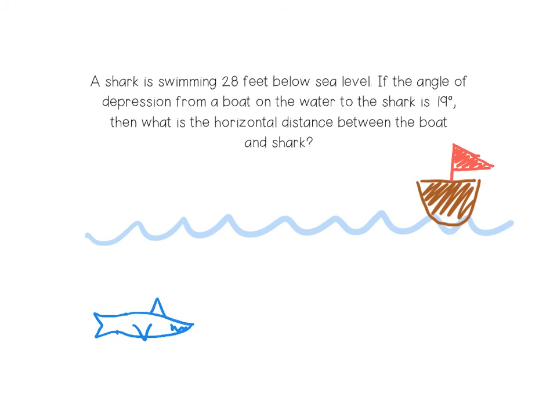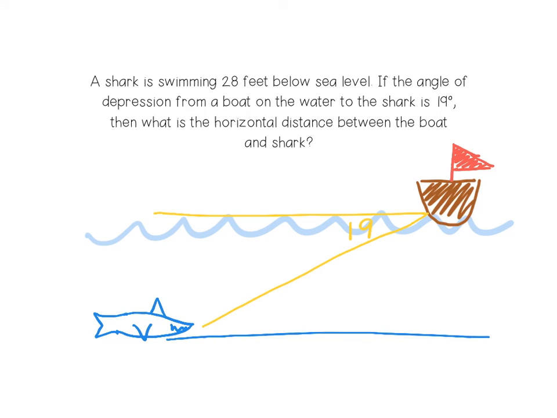The angle of depression from a boat on the water to the shark is 19 degrees. We know that the shark is 28 feet below sea level, and we want to know the distance from the boat to the shark. So this distance from here to here.